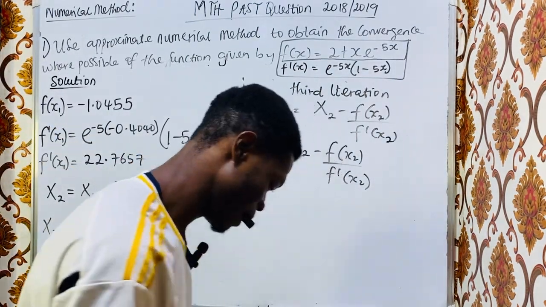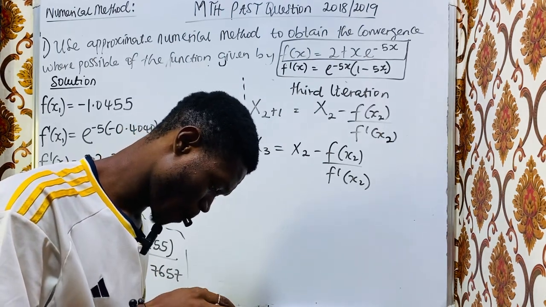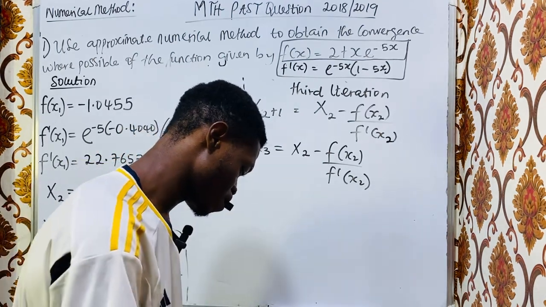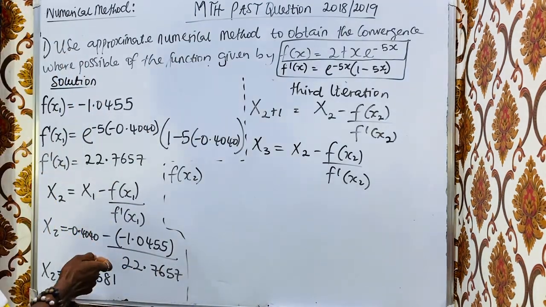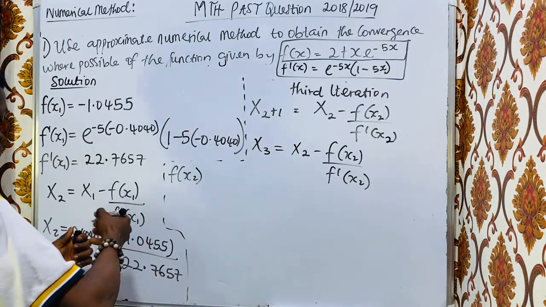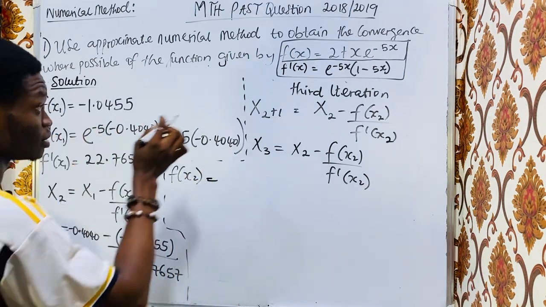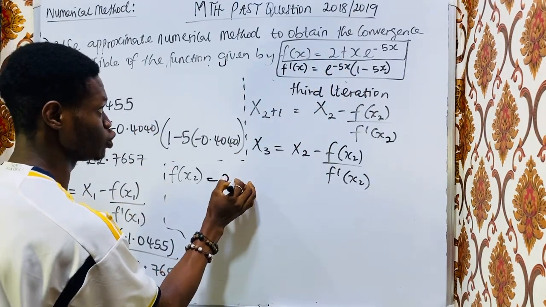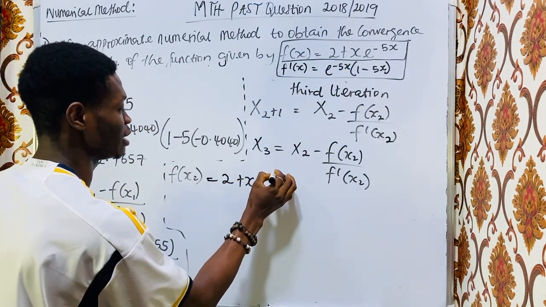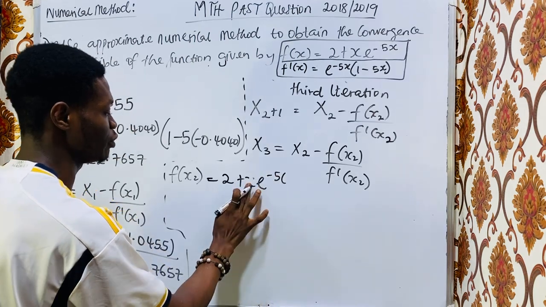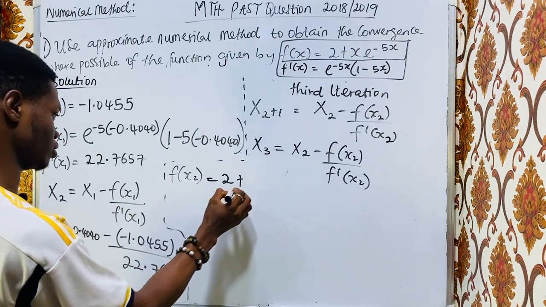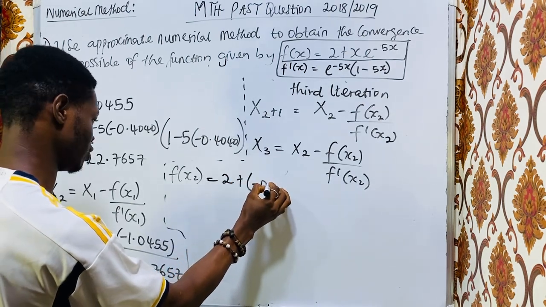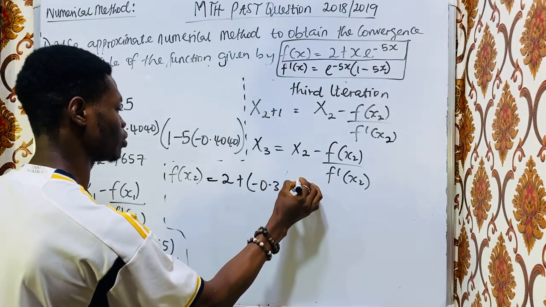So f of x2 will give us what? We are going to use 2 plus x exponential negative 5x. So anywhere we see x, we put this x2, which is negative 0.3581.